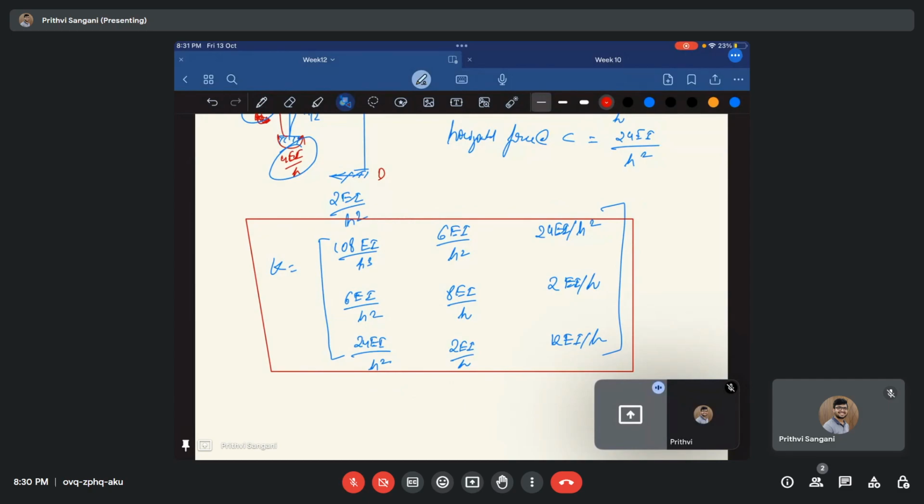Once you know the stiffness matrix, you can easily find out your forces at those degrees of freedom.